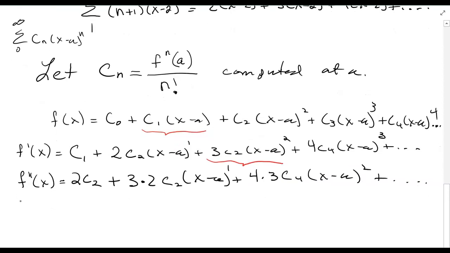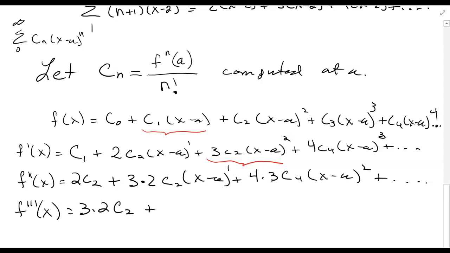Okay, we're almost there. So if I do it a third time, and again, you don't need to do this. This is just trying to show you why something is what it is. 2c sub 2 is a constant. That goes away. x minus a, well, we need the coefficient because that's the first power, goes down to 0. That goes away. So I'm left with 3 times 2 times c sub 3.